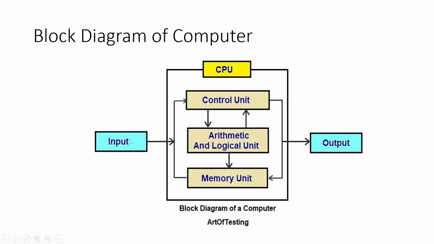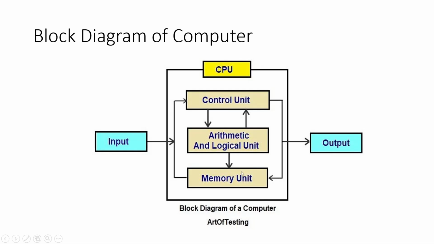The input accepts the data from the input devices and sends it to the control unit. The control unit controls all the tasks. The arithmetic and logic unit performs all arithmetic operations like addition, subtraction, multiplication, etc., and all types of logical operations.